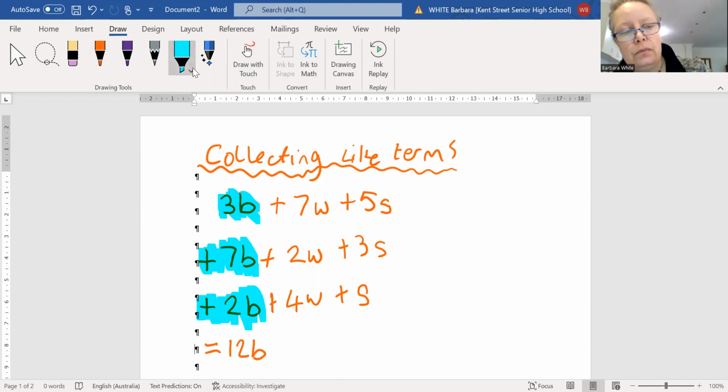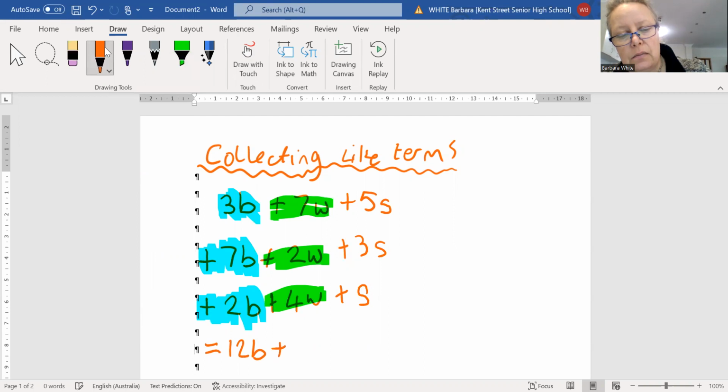In total, we have 7, 8, 9, 10, 11, 12, 13 wickets. That's a 13. And how many pairs of shoes? Let's highlight those in another colour. I think I see 9 there, 5, 3, and another one is 9.